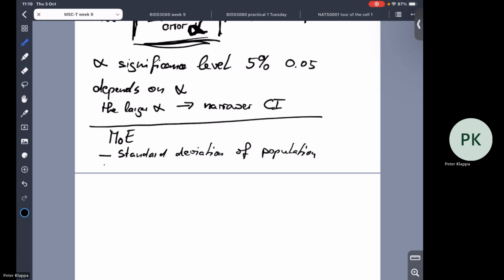It depends on the sample size. The larger the sample size, the more information I have, and the narrower I can make this confidence interval. And we said it depends also on the significance level alpha, how sure we want to be when we reject things.